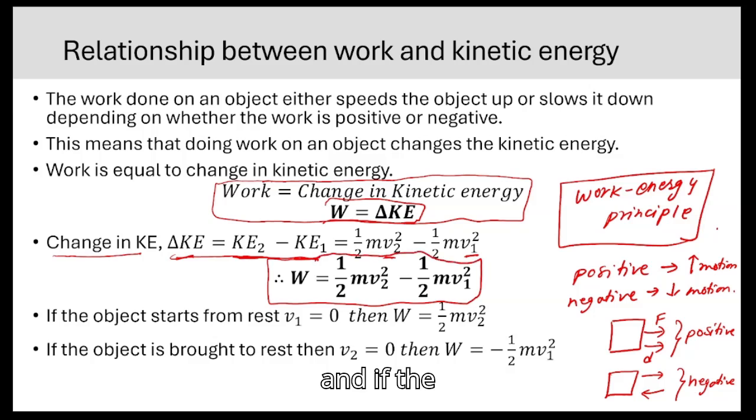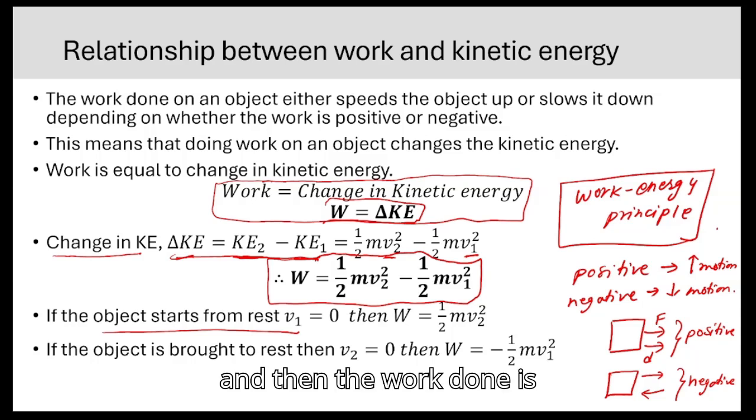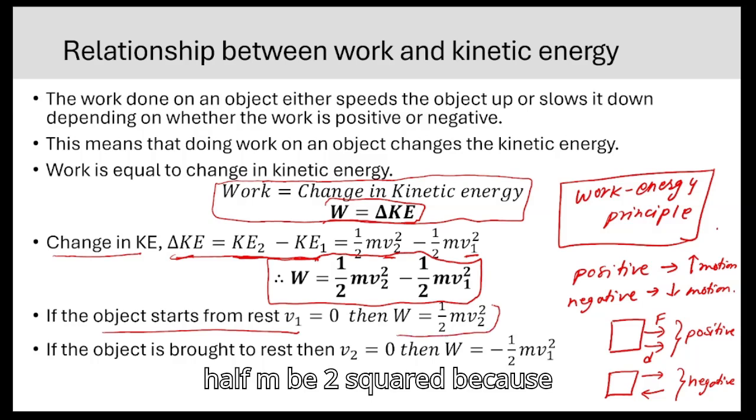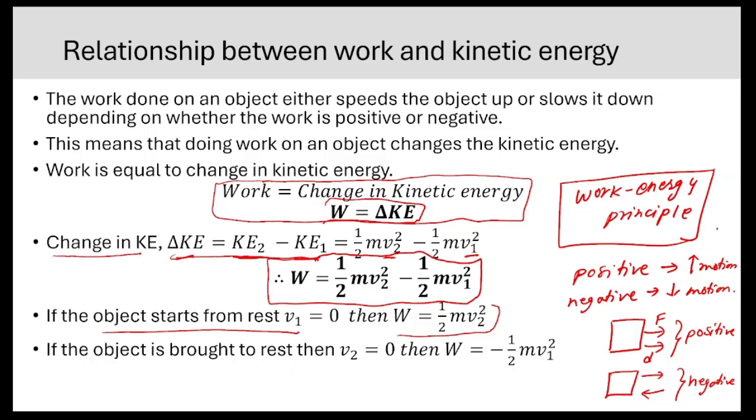If the object starts from rest, meaning the initial velocity is 0, then the work done is half m v2 squared, because the initial velocity is 0, we only have a final velocity term.